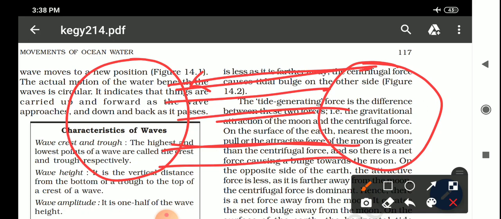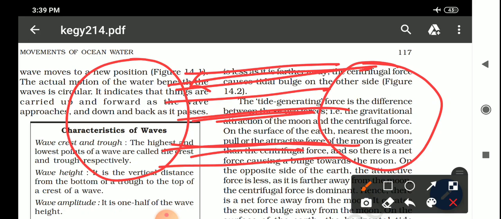Now, definitely this gravitational pull would be towards the side facing the moon. So you would have the gravitational pull seen here, but to maintain the balance, there would be another force opposite to the gravitational pull, and this is the centrifugal force.